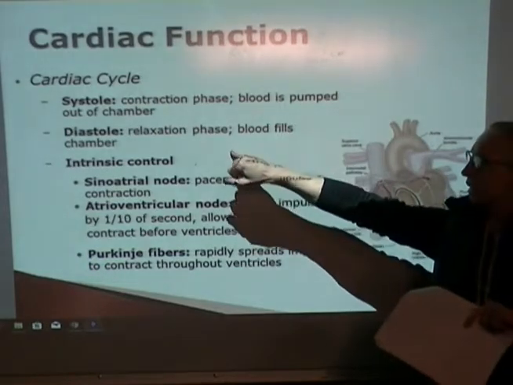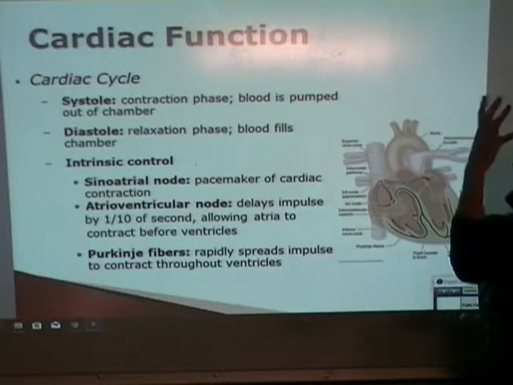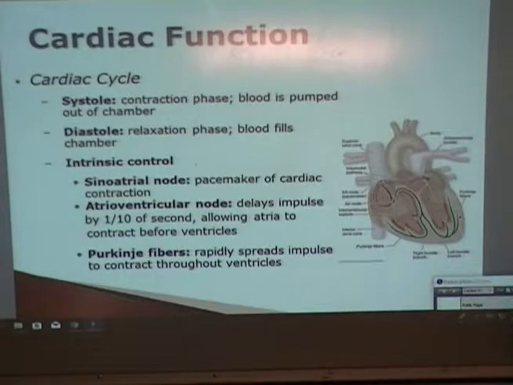Diastole is the relaxation phase. After contracting and squeezing the blood out, the heart has to relax to allow blood to pour back in again. So the diastolic pressure is the lower number.